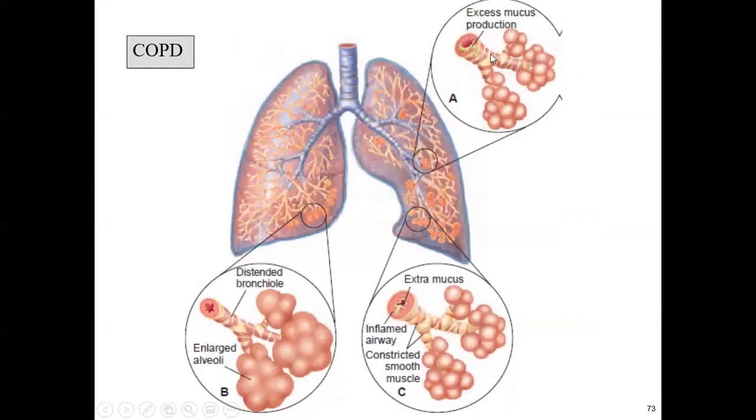And here showing the excessive mucus production, a narrowed lumen, inflamed airway, and constricted smooth muscle. As I told you, emphysema and chronic bronchitis together we call COPD, chronic obstructive pulmonary disease or chronic airflow limitation.